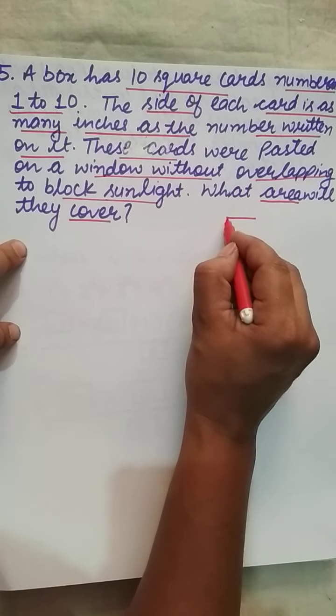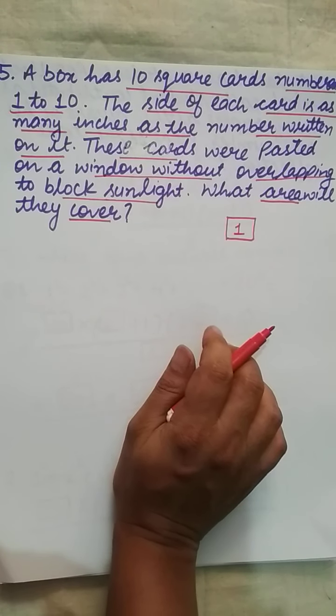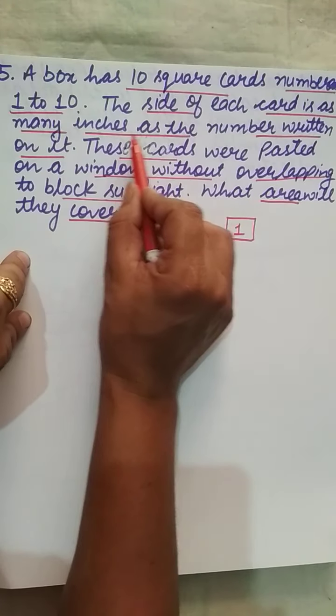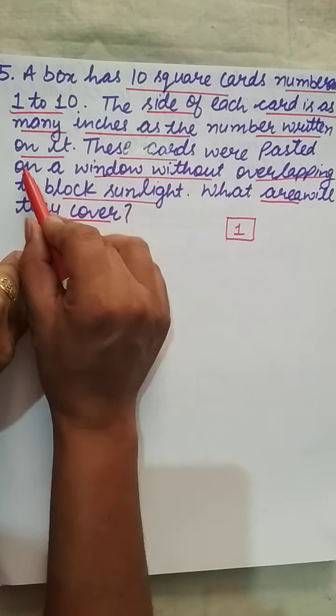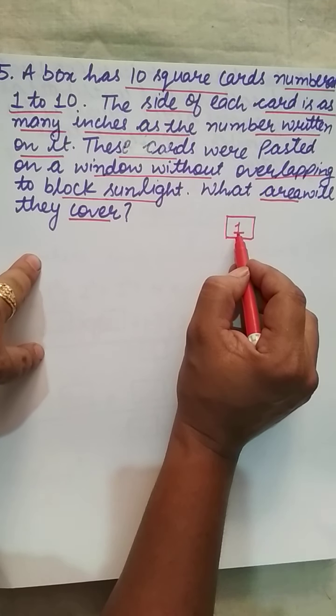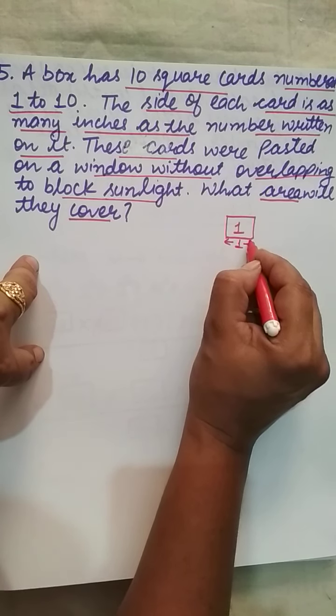As if I have first card, number 1 is written on it. And the second condition is the side of each card is as many inches as the number written on it. If the card has number 1 written on it, then the side is also 1.